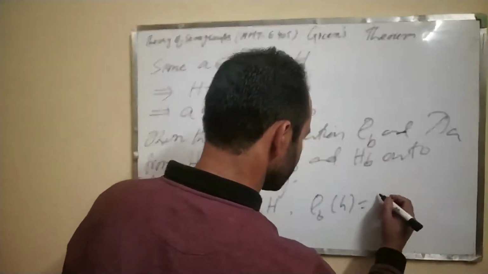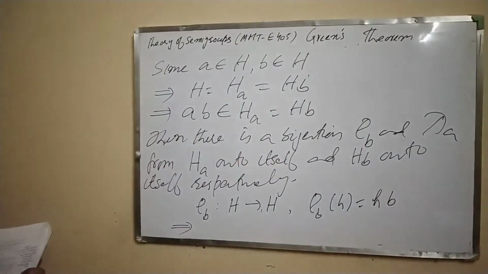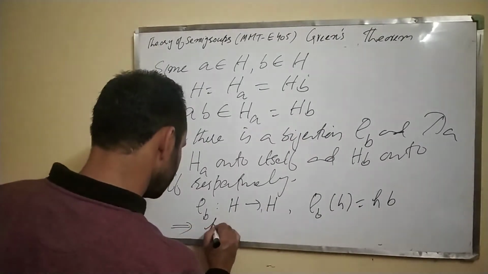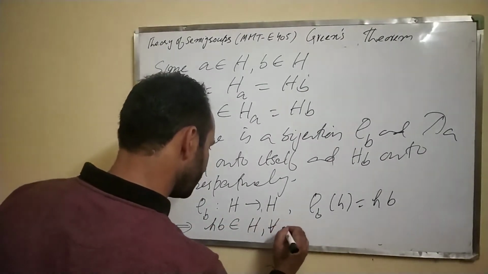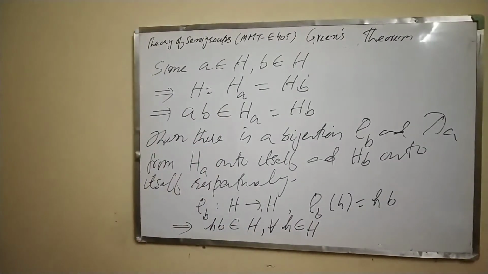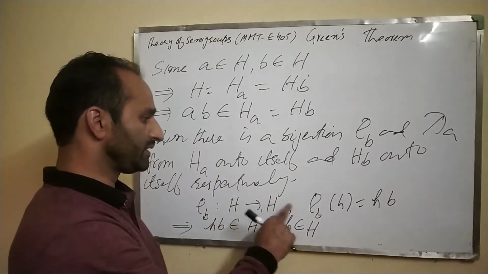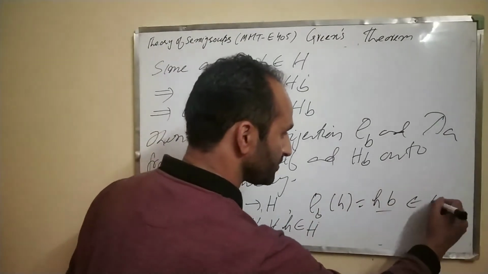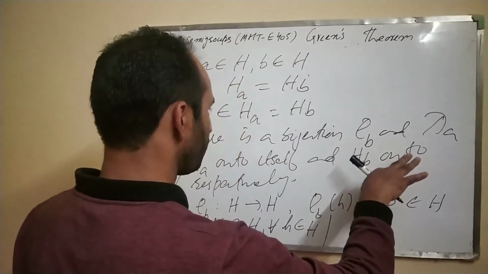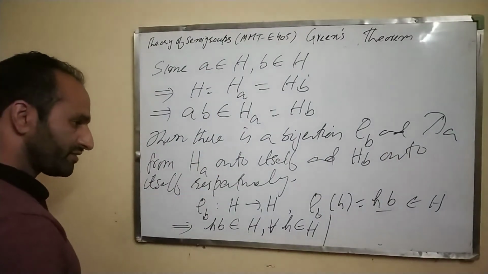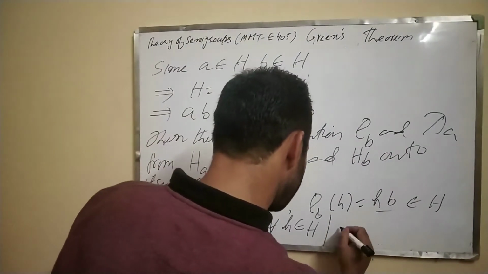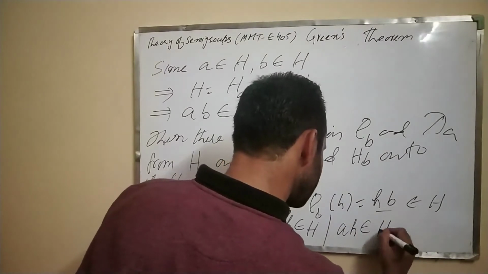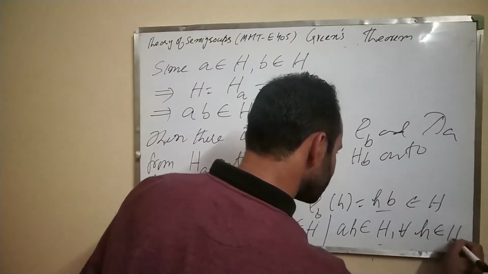So we can say that hB belongs to H for all h in H, because it is a map from H to itself, and the image of h under rho B is hB, a right translation. So that element belongs to H. And similarly, this map lambda A, which is the left translation, from this you can conclude that Ah belongs to H for all h belonging to H.